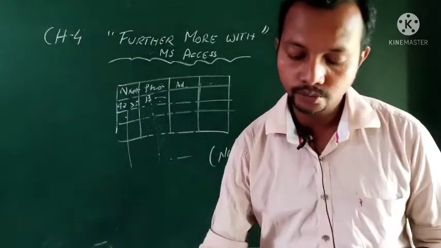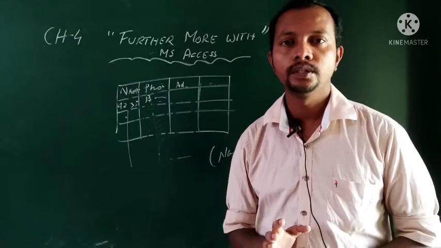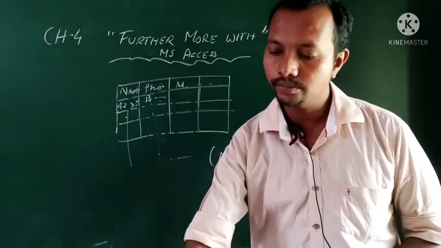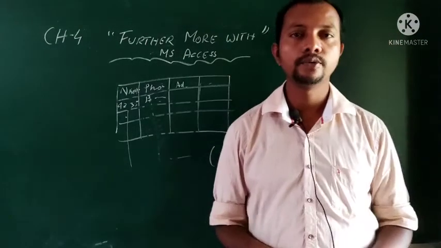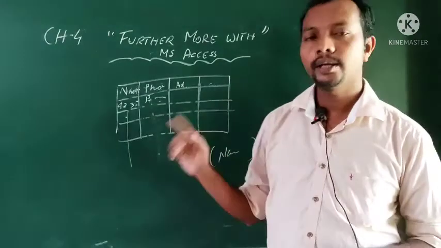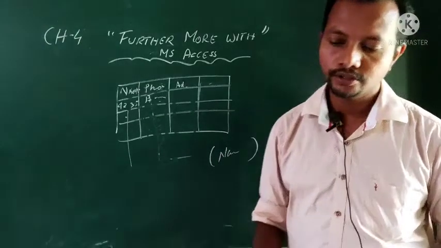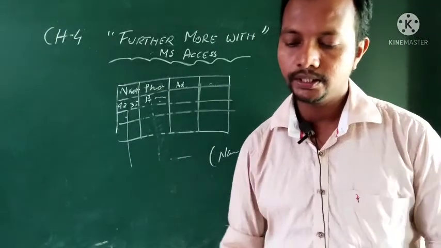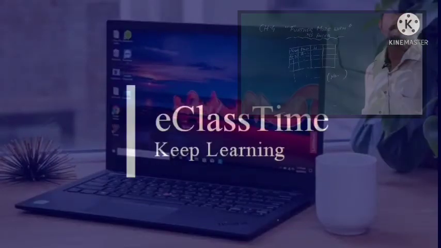We will be using design view, dear friends. There are two types of views, data sheet view and design view. Decorating of the table will be done in design view. Of course, data sheet view I will also explain in the table itself. Okay dear friends, so let us go.